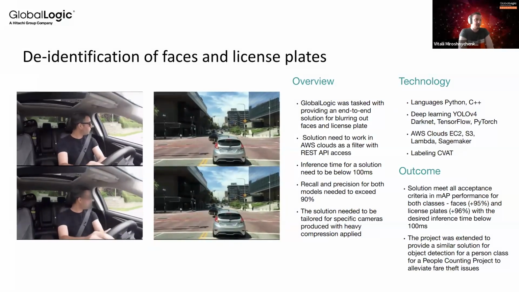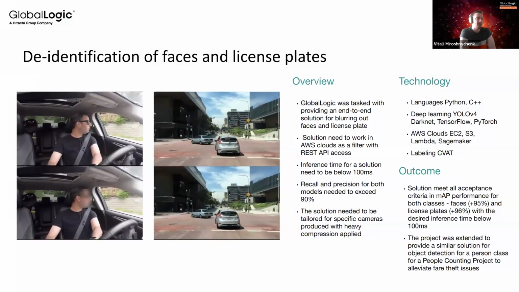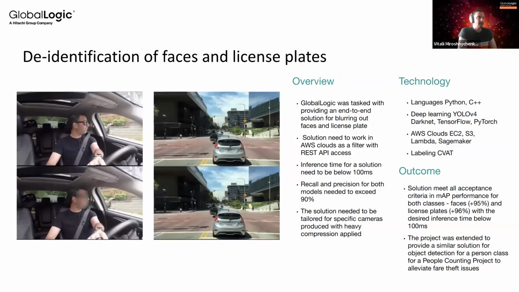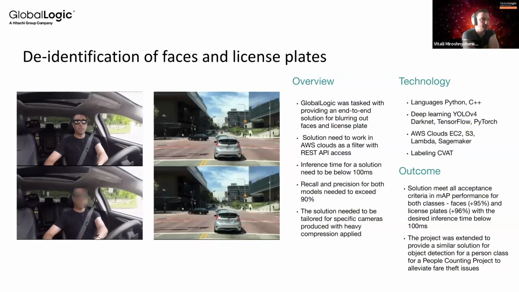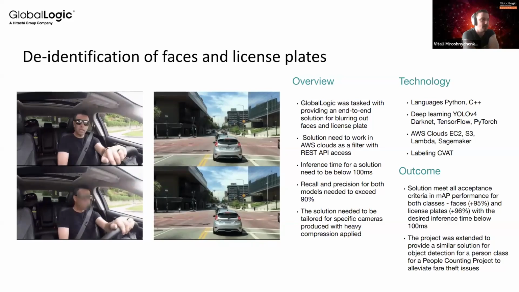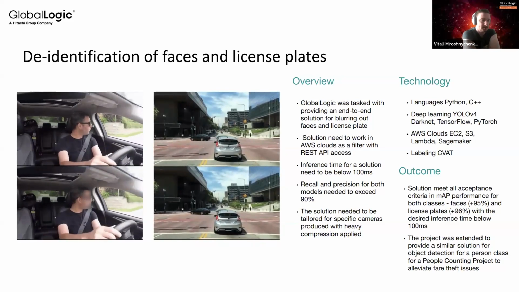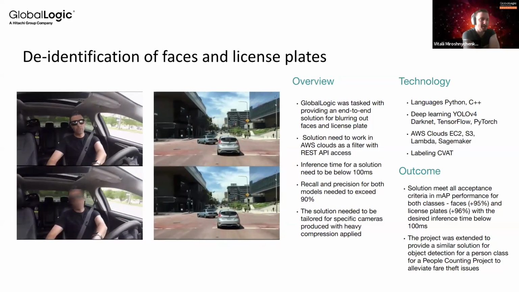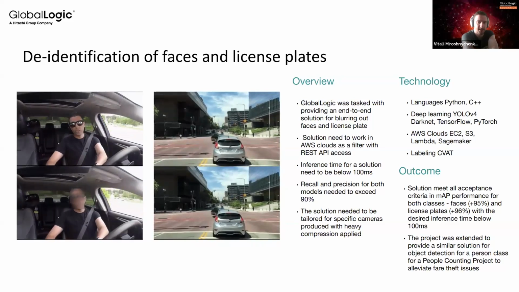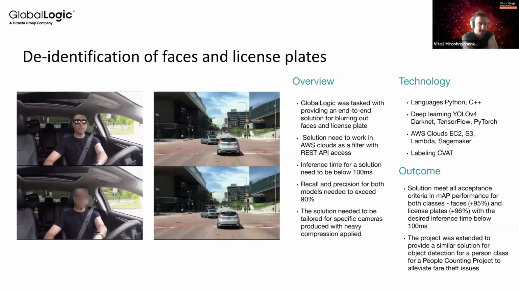The first problem that we solved in one project is the identification of faces and license plates. The goal was to process a data set and create a smoother for faces and a smoother for license plates, because this might be personal information, and we should corrupt our data and not represent personal information in data sets.